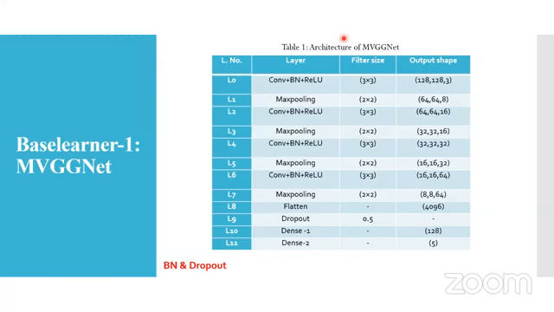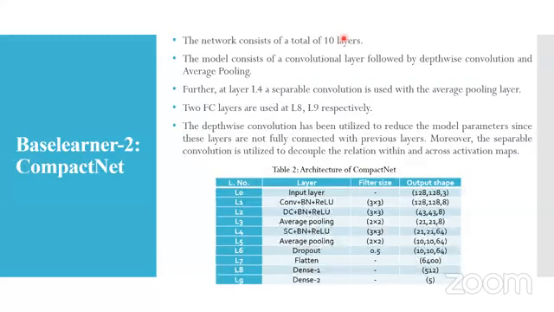That is what I said in my title, that it is an ensemble of compact convolutional neural networks. When I use a smaller number of convolutional layers, I am making my VGG16 compact. Let's move ahead. Now there is another compact network, the second compact network.